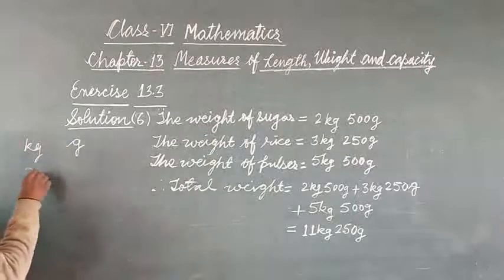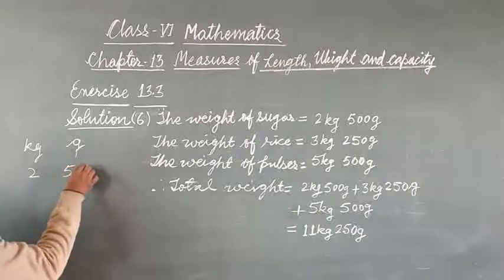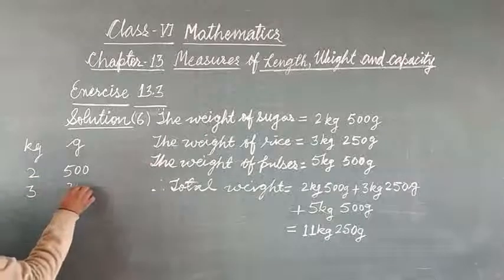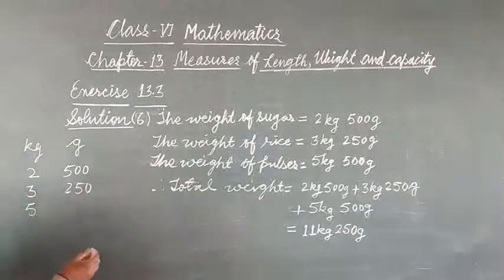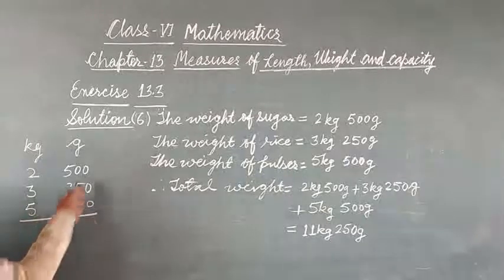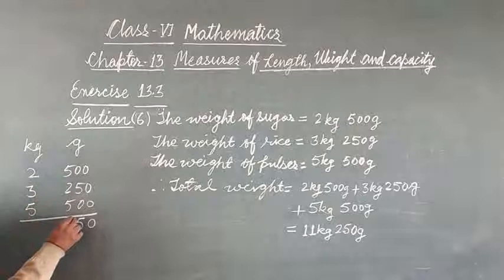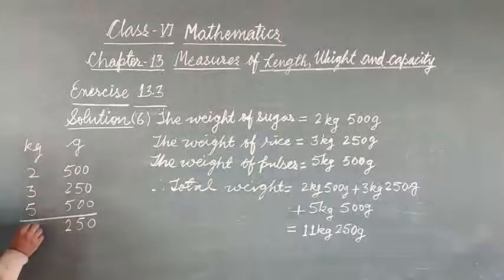2 kg 500 gram, 3 kg 250 gram, and here 5 kg 500 gram. When we add, we will get 0, 5 plus 2 is 7, 5 plus 2 is 7... 1 carry, so 3 plus 3 is 6, 11.